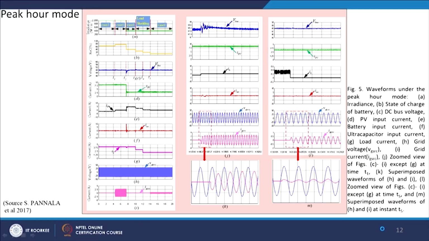So, we have taken different cases at T1, T2, T3, T4, T5, and this scenario is mainly for T1 in specific, and this is for T5.